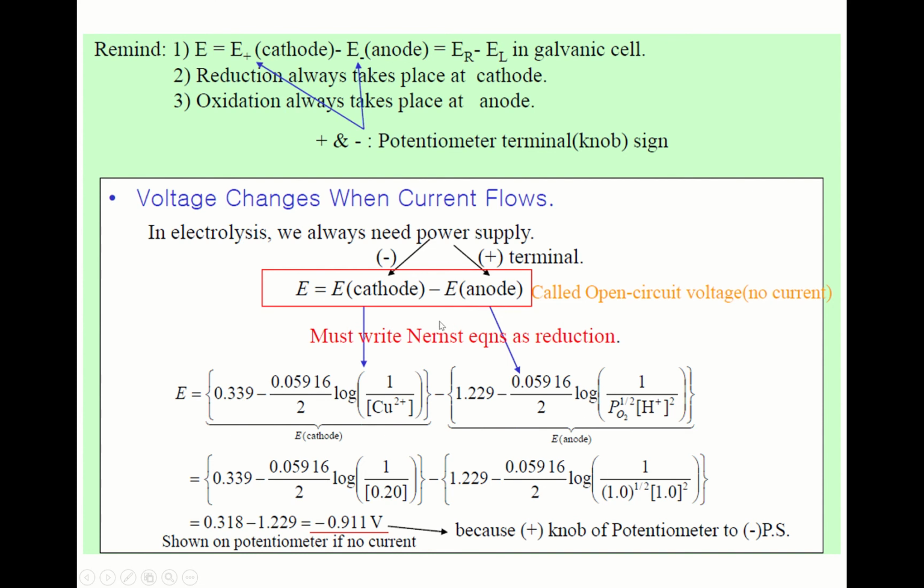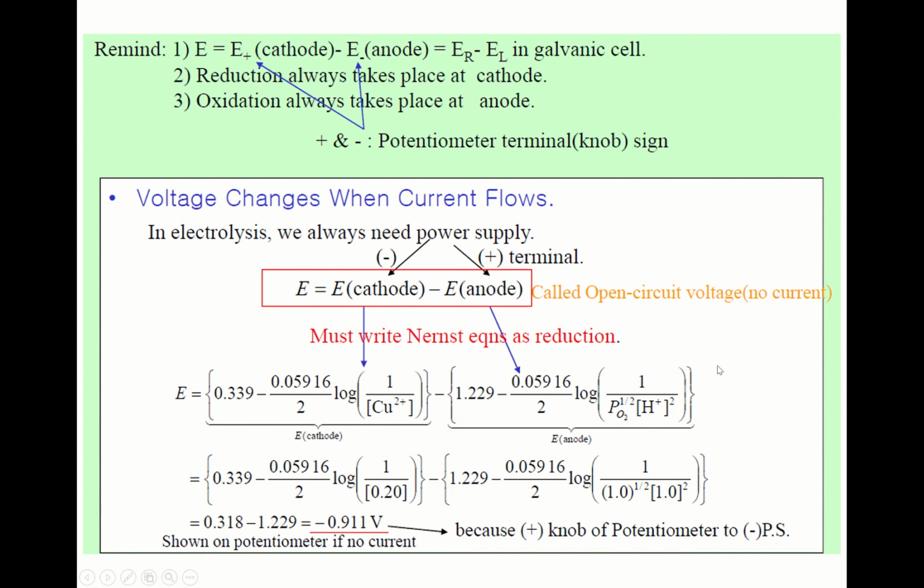All right, and now we substitute the necessary constants into these variables. For example, in your textbook, the initial copper ion concentration is 0.2 molar, the oxygen gas pressure is 1 bar, and it's done in 1 molar proton concentration.